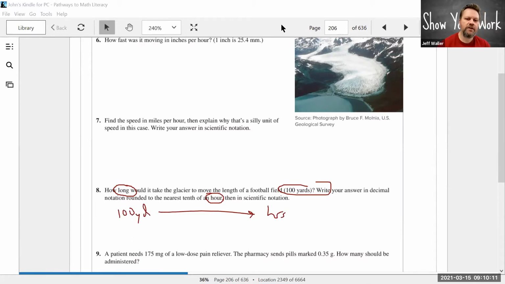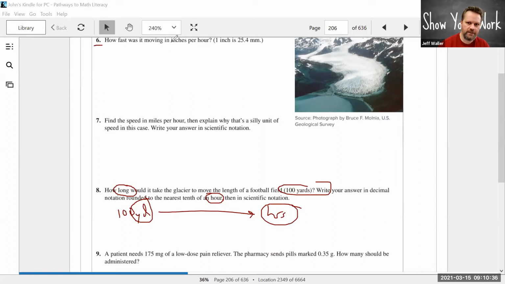Now, can you do that in general? If I ask somebody randomly, can you convert 100 yards to hours? They're going to look at me like, what the hell is your problem? But it works here because we're talking about a glacier moving. So do I have a conversion from length to time? Yes, your answer to number 6.